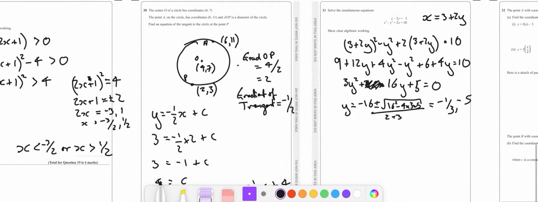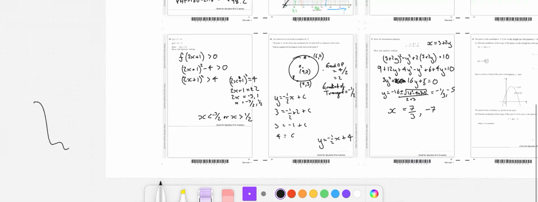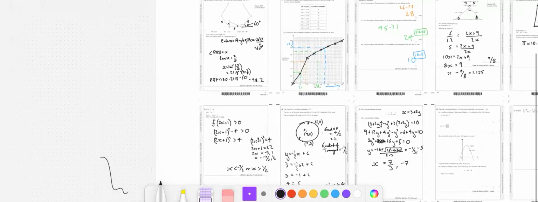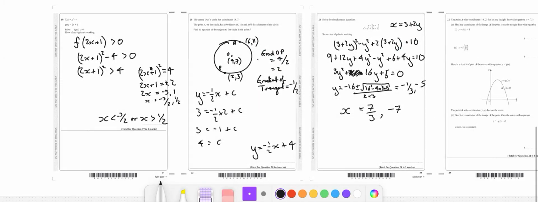Which means we can sub that into x, and we get x is minus 7 over 3 and minus 7. And we should probably put those as coordinates. So let's just solve the simultaneous equation.